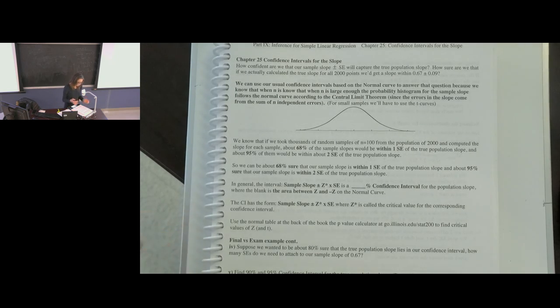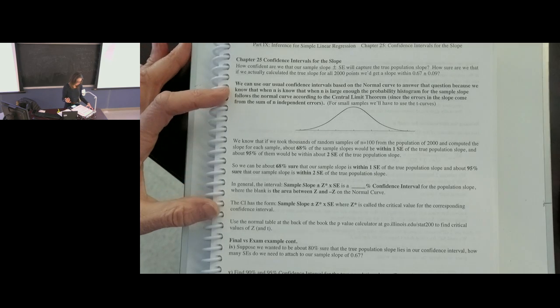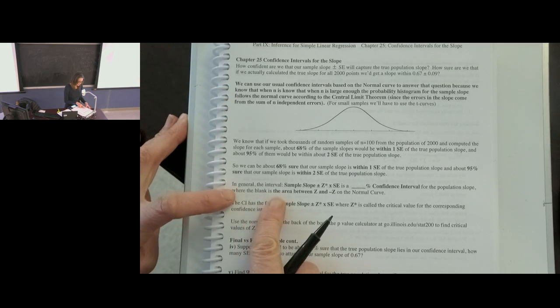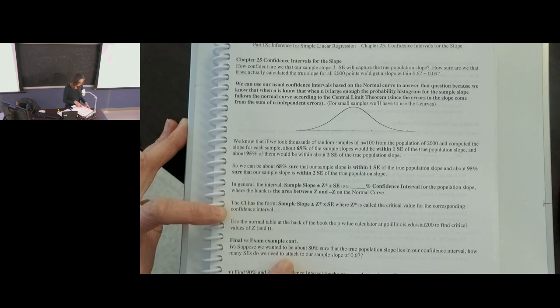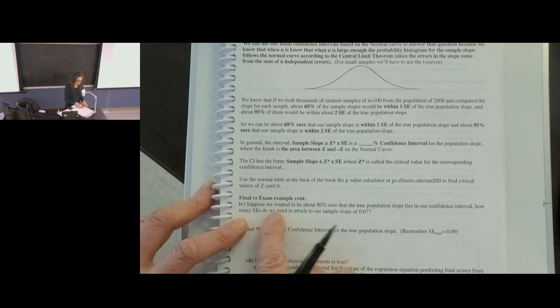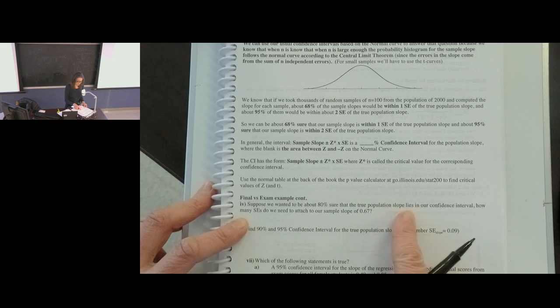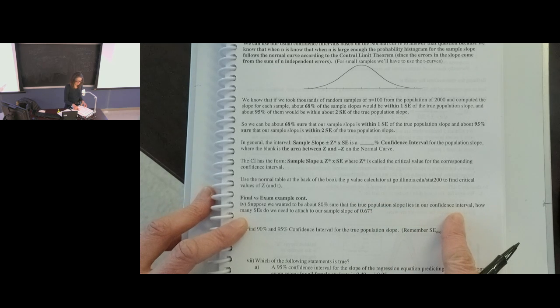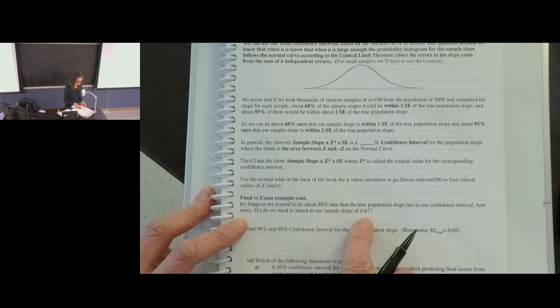While it's still in our brain, before we read all the theory, let's just do this. Do they have any questions? Let's see if we can just jump into this, and then we'll look at the theory. Suppose we wanted to be about 80% sure that the true population slope lies in our confidence interval. How many standard errors do we need to attach to our sample slope?